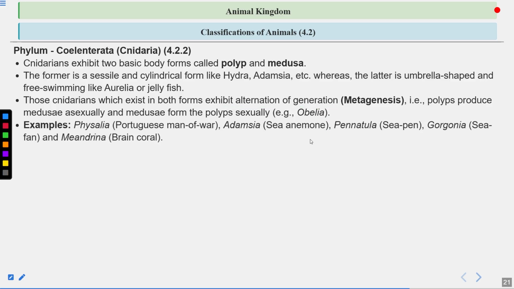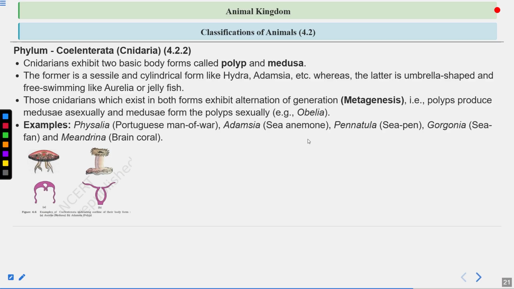Now if we talk about the examples of coelenterates, we have Physalia, commonly called Portuguese man of war, Adamsia, sea anemone, Pennatula, sea pen, Gorgonia, sea fan, and Meandrina, called brain coral. Here you can see the polyp and medusa stage.